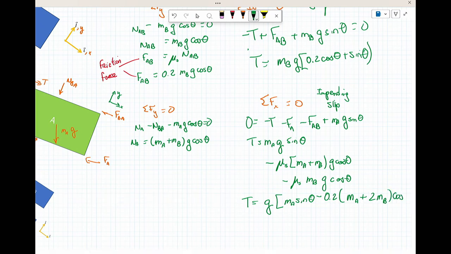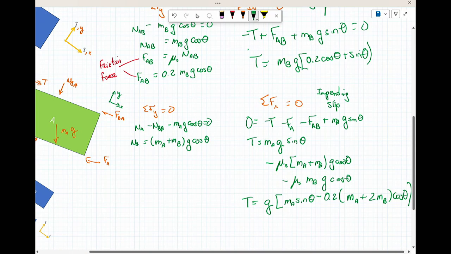Okay, so very little manipulation at this point. Once you have that free body diagram, no matter how poorly you draw these things like me, you still get a lot of information out of it.